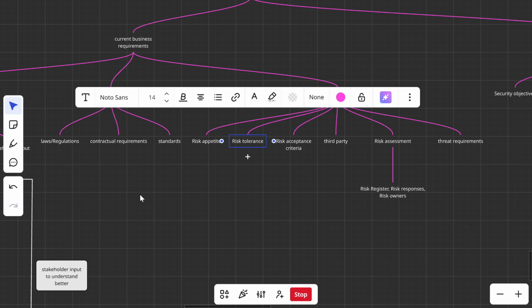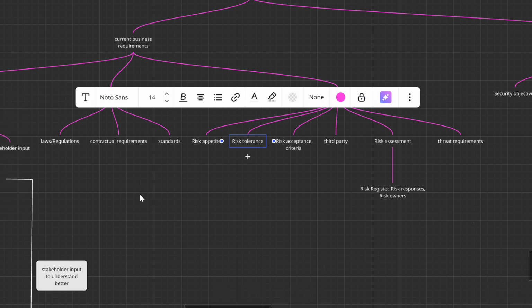For example, you're saying, all right, we have customer database, we have a low appetite. This is a high level statement. Risk tolerance, very detailed. You're saying, all right, what does low mean? You're saying we will not tolerate more than 100 records of customers in a database. This is a specific interpretation of risk appetite.